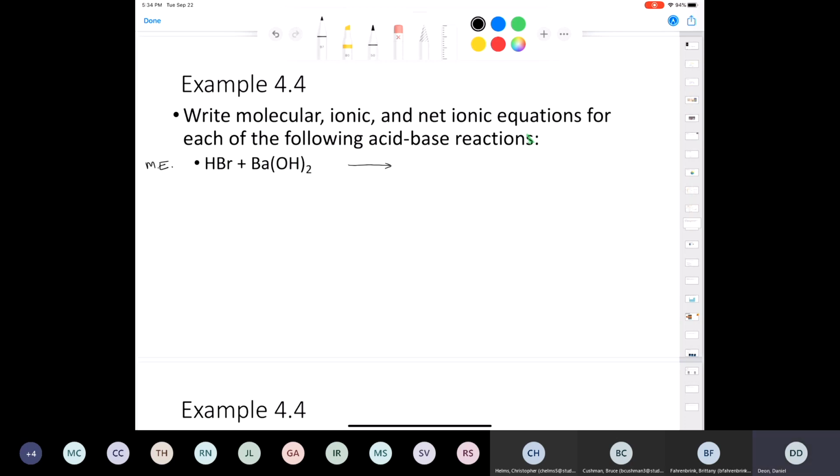What would be the ionic compound that you would get as a product here? You would get an ionic compound here. Does anybody have an idea what it might be?